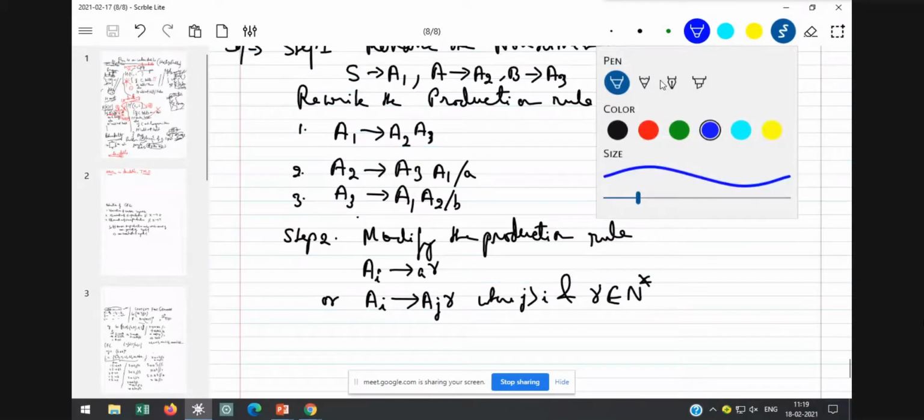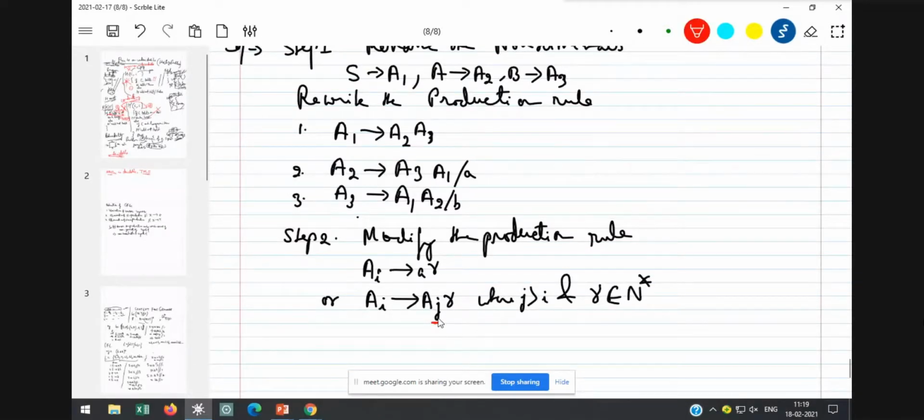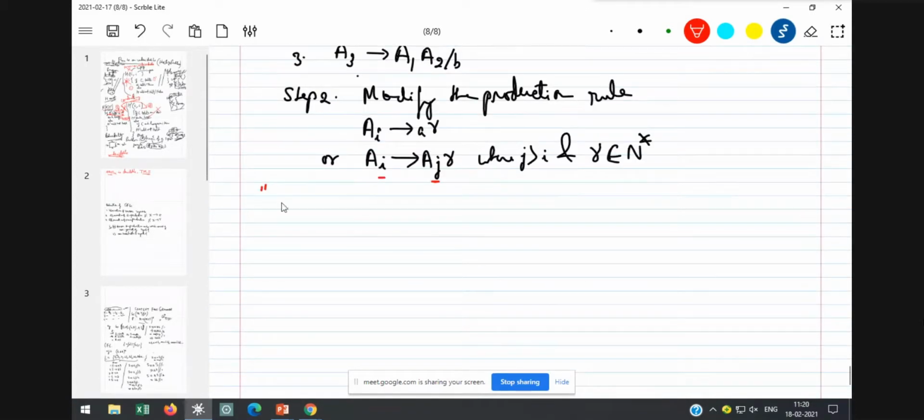And if j is less than i, then apply the substitution method.